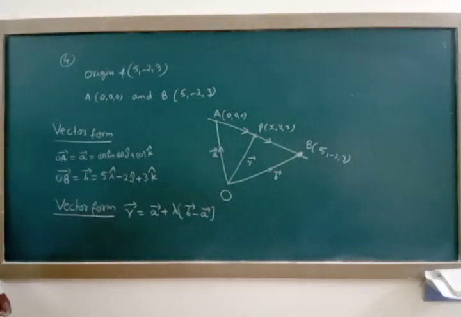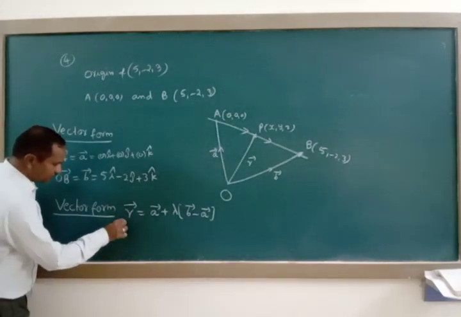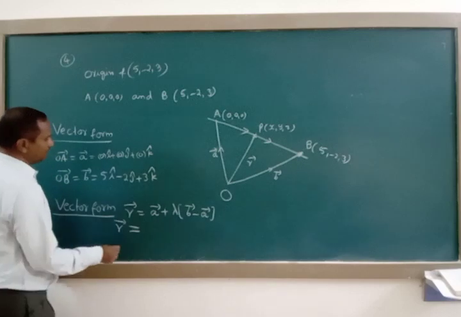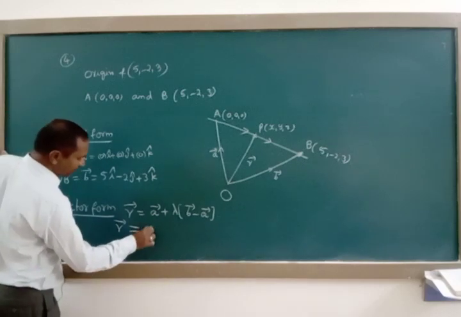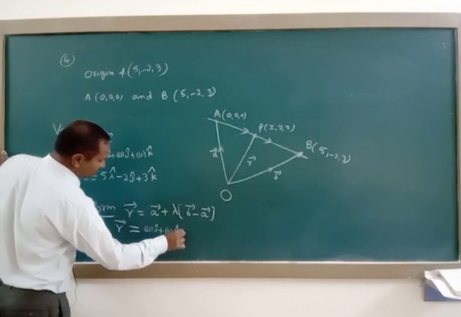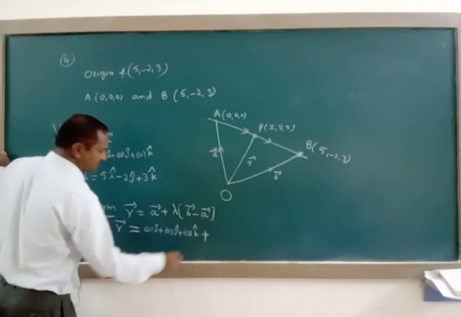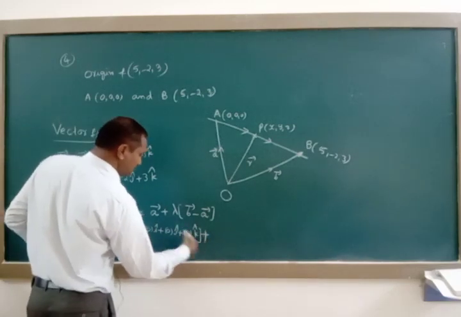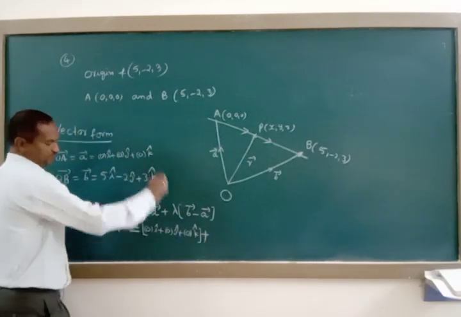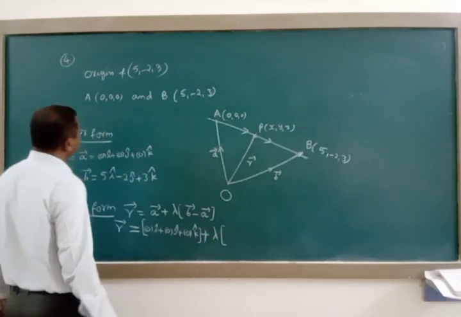B vector minus a vector. Here r vector is equal to a vector, which is 0i cap plus 0j cap plus 0k cap, the position vector of the given point, plus lambda into b vector.